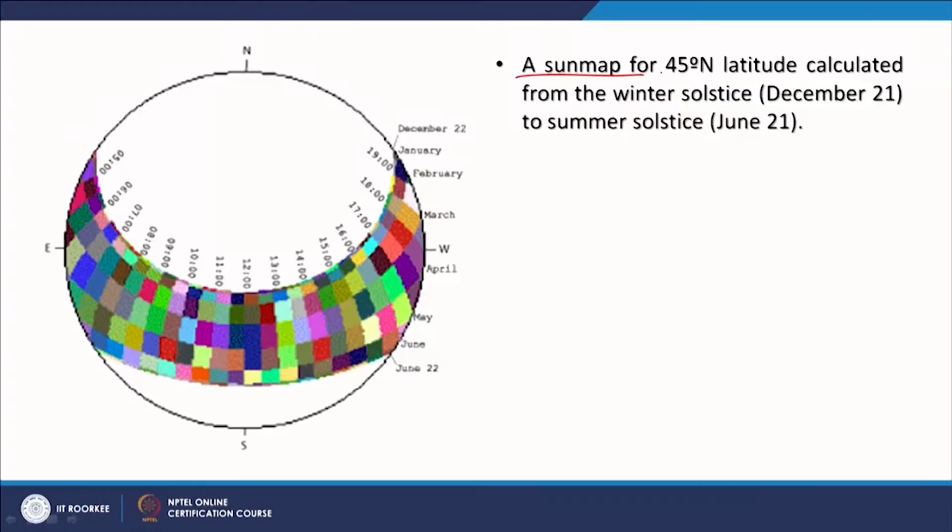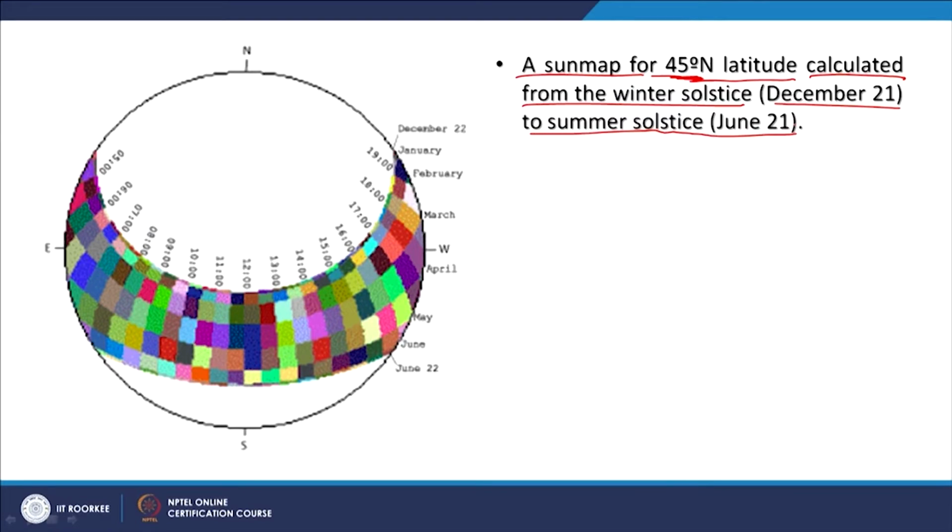So this is what you are seeing. This is a sun map for 45° north latitude, calculated from the winter solstice, December 21st, to the summer solstice, June 21st.